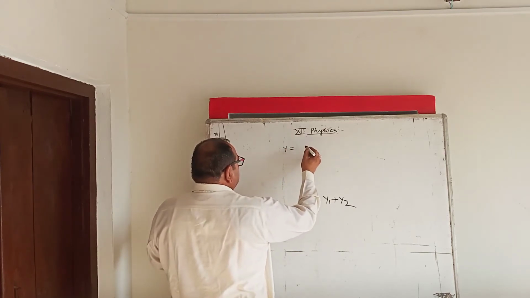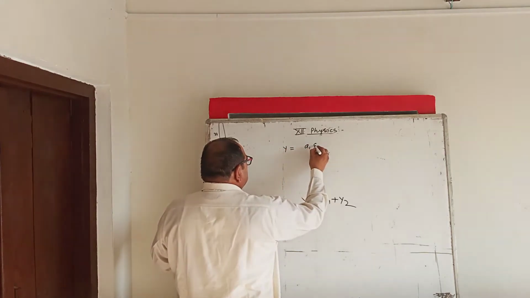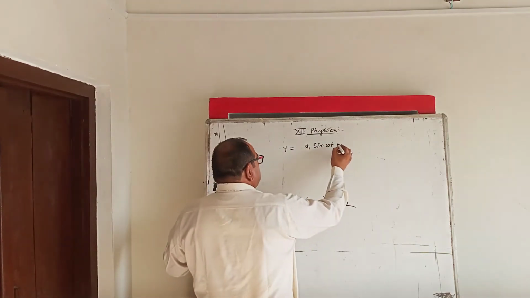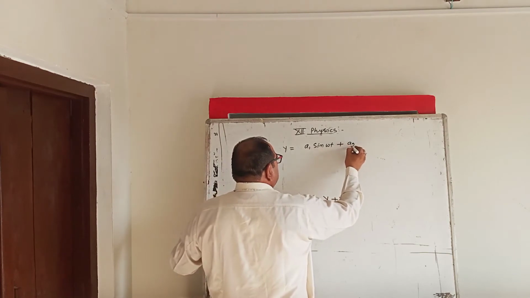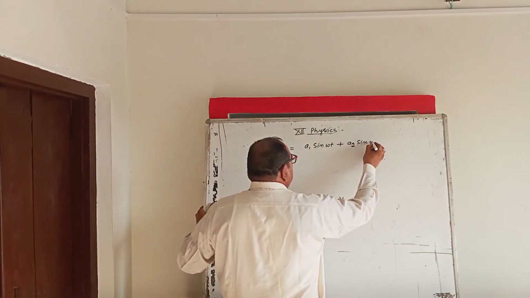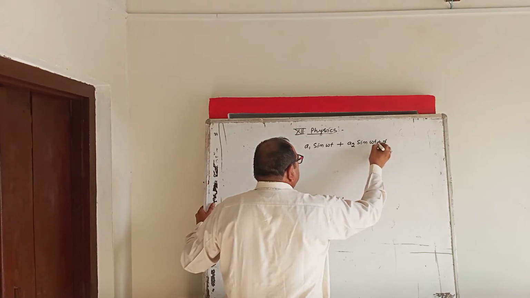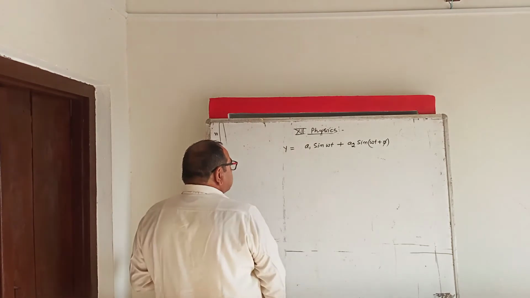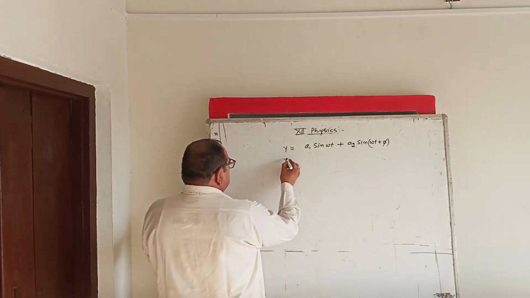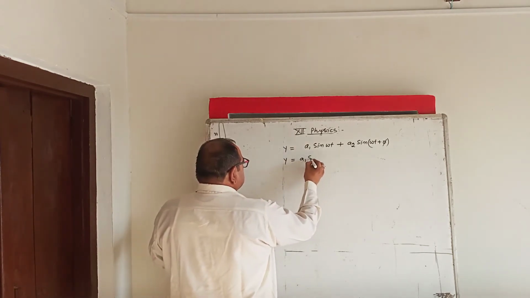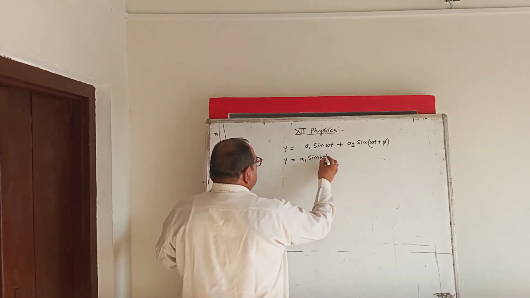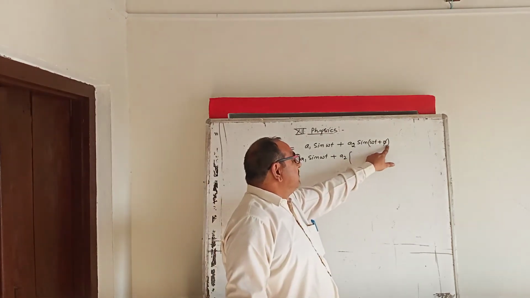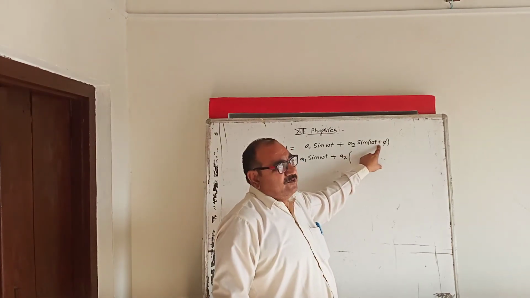y1 is a1 sine omega t plus y2, a2 sine omega t plus phi. That is, now y equal to a1 sine omega t plus a2 sine omega t plus phi. Solve this by the sine A plus B formula.